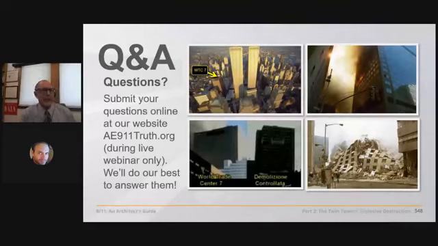Yeah, this is an exceptional point. And we made the observation in this webinar that both of these towers are collapsing at near free fall acceleration.